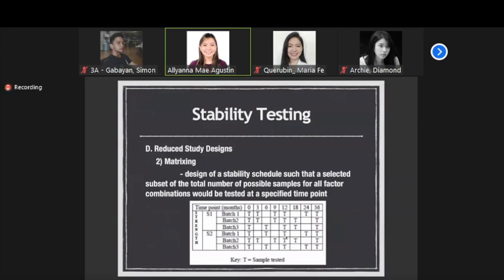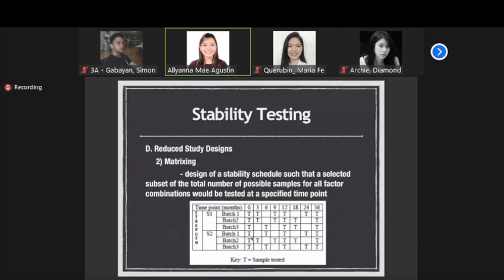So, somehow, nabawasan pa rin yung burden mo sa pag-test, no? So, test mo lahat muna, then selected na lang. Yung hindi mo na-test, i-test mo siya sa next. Tapos, alternate, then test mo naman lahat ulit. So, somehow, hindi mo tinest lahat at the same time, but in a way, you still tested it all.